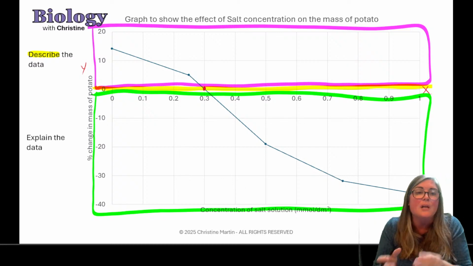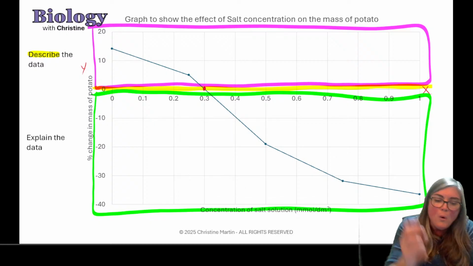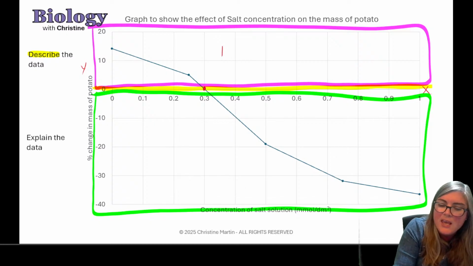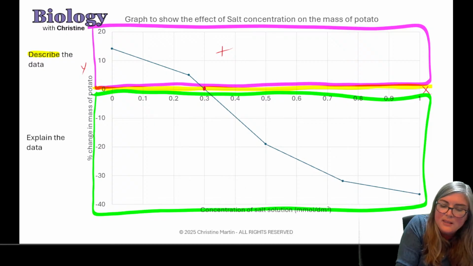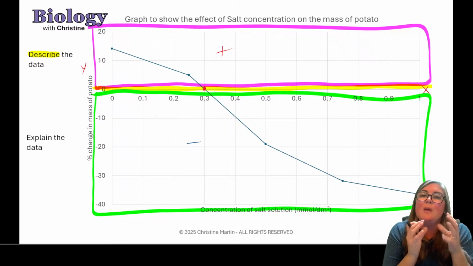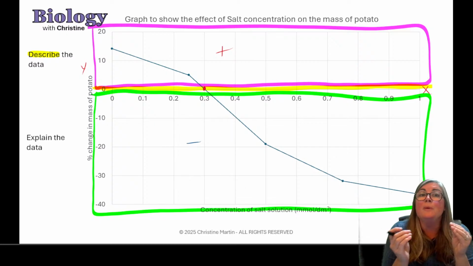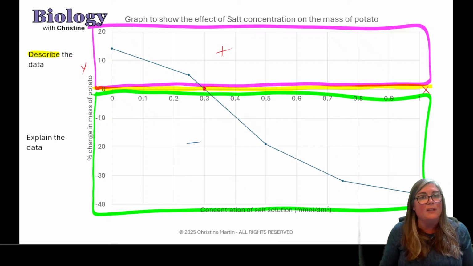Explaining it means, why is it happening? Why is it that these ones have increased in mass, and why is it that these ones have decreased in mass? Then we have to think about where the water would be going. Would the water be entering or would the water be leaving the cell?